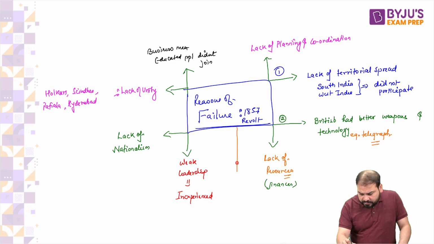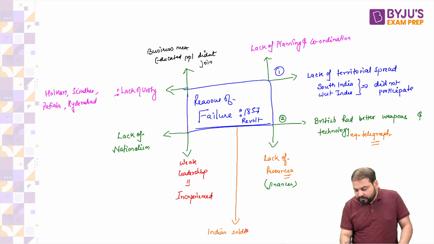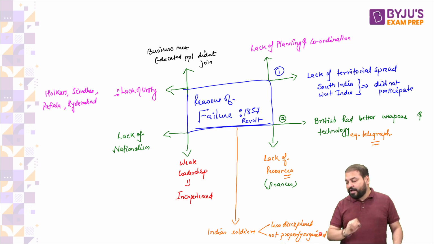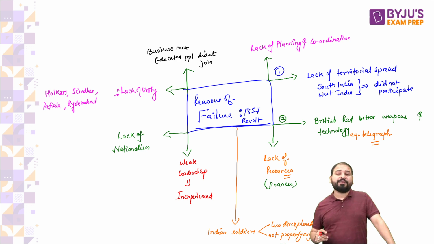Indian soldiers were less disciplined and not properly organized. And the reason is very clear. They are ultimately peasants who have been given a uniform and they have come here.